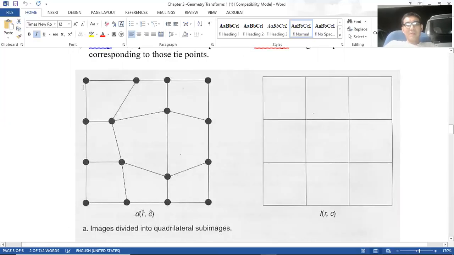So we know that this quadrilateral here can be mapped to this location. To do the restoration, if you want to know what is the grade level here, we need to map back to this point. We go to the distorted image and then copy the grade level value back to here.